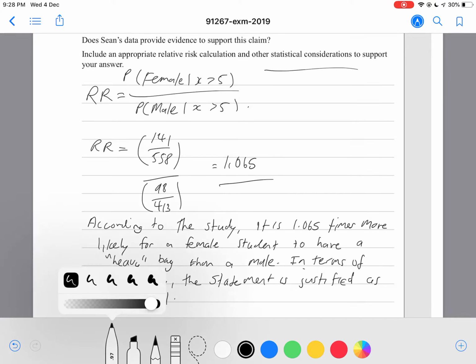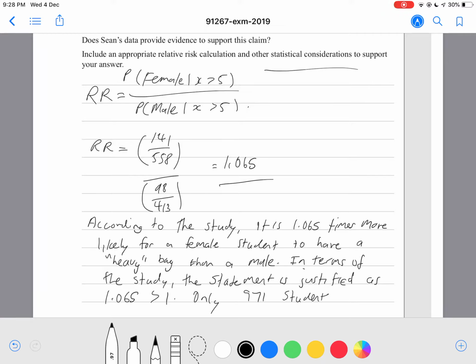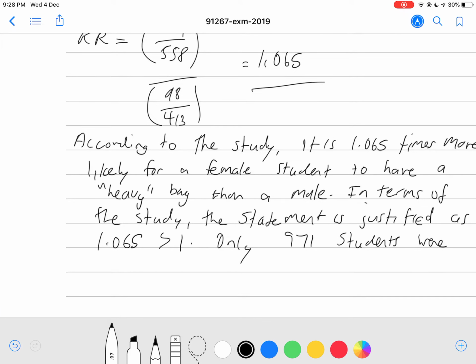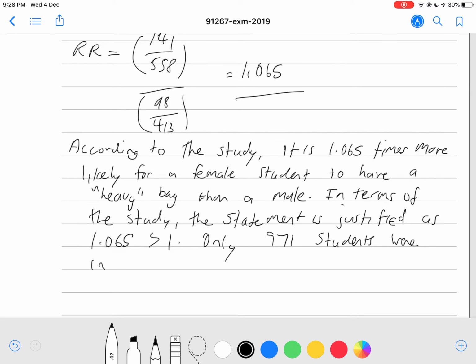So we could say only 971 students were in the study.